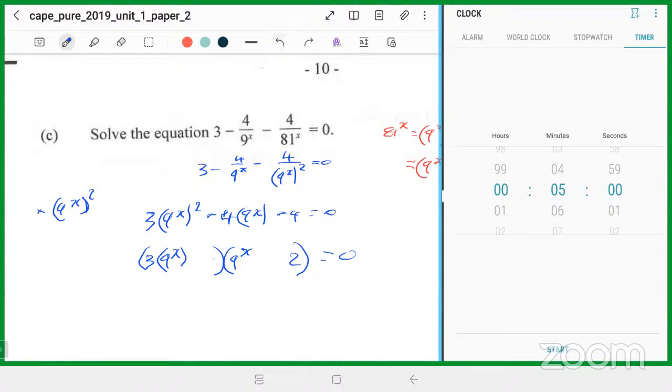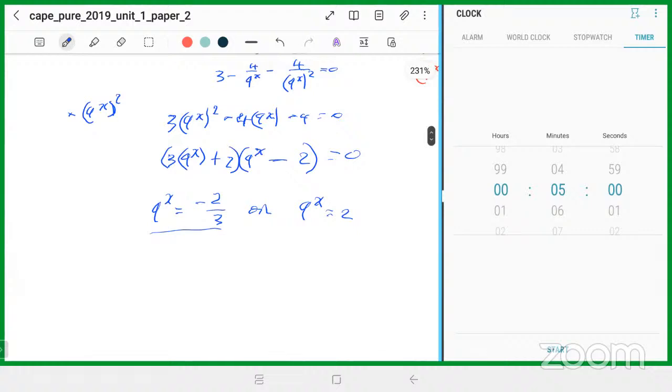They are different, so you have to put a minus sign on one and plus on the other. So this bracket gives me 9 to the x equals minus 2/3, or this one gives me 9 to the x equals 2. The first one is not valid because a positive number raised to a power cannot be negative.